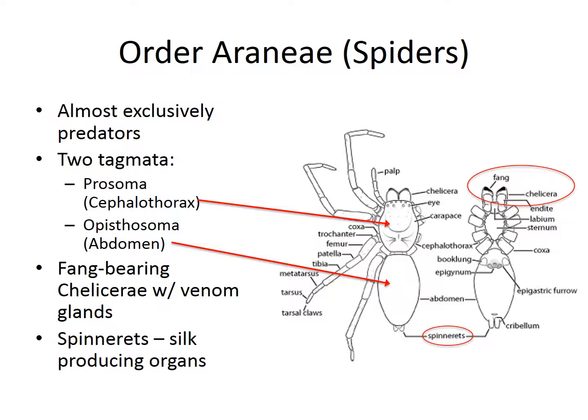On the front half of them, on the prosoma, they have a pair of fang-bearing chelicerae, and these chelicerae are very special in that they have venom glands. All spiders have venom glands, and that is one of the characters that defines this group. The other character that really defines this group are, on the back part, the opisthosoma, a pair of silk-producing organs called spinnerets.